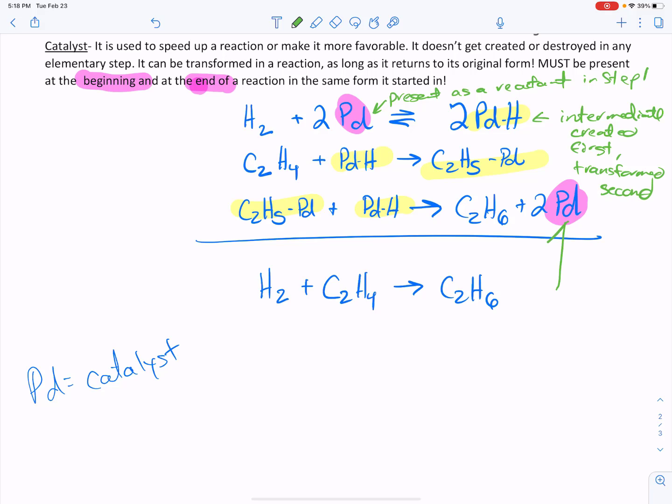I guess that could be how you would also write your catalyst, is it was destroyed first, not really destroyed, but you know what I'm saying, destroyed or transformed first and then created second. Okay, so the order matters. But with that, you're able to identify reactants, products, intermediates, and catalysts in a reaction and determine the general rate law from a reaction mechanism by identifying the rate determining step.